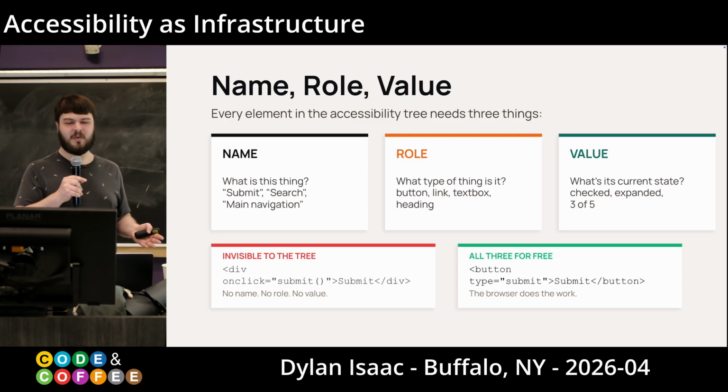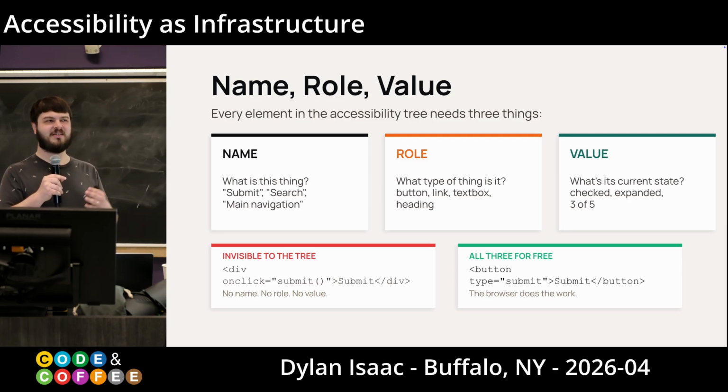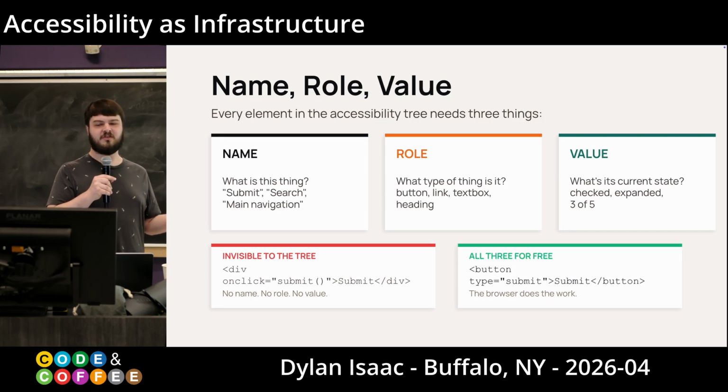So the better example to use, instead of using a div like we have on the left-hand side for your submit button, is to just reach for that native button tag. And then you get the name of submit, you get the role of button automatically, and you actually don't get a value because a button doesn't need to have state in it, unless it's like a toggle button, where its value, if it were like, do I want to sign up for this email newsletter, checked or unchecked, is what value would be.